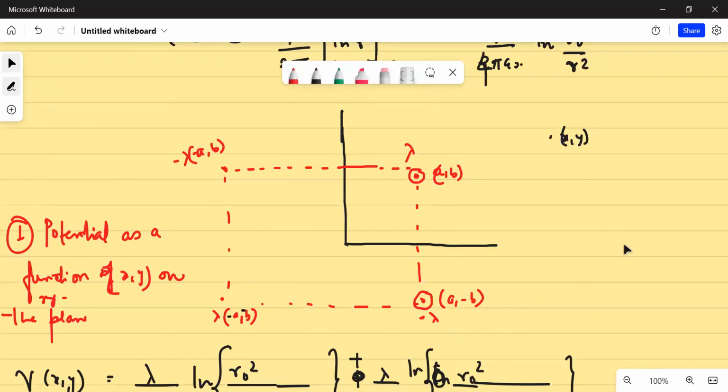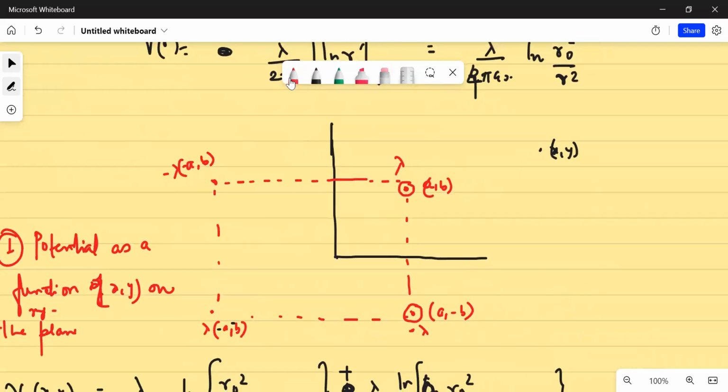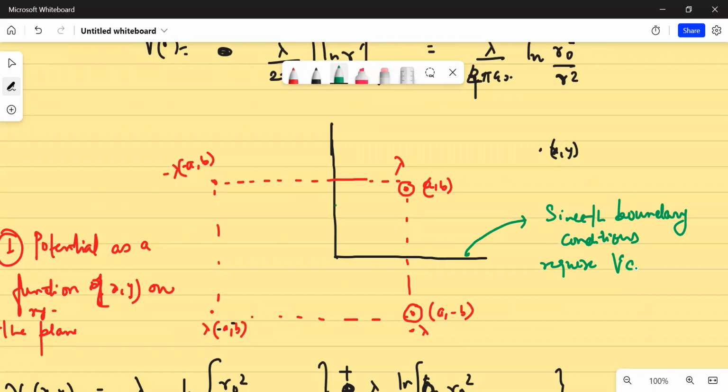One can understand that since these are grounded, the boundary conditions require that the potential along the x-axis and along the y-axis must be zero, isn't it? Although here you don't have infinite grounded conducting planes, the boundary condition should hold. So let us verify that.